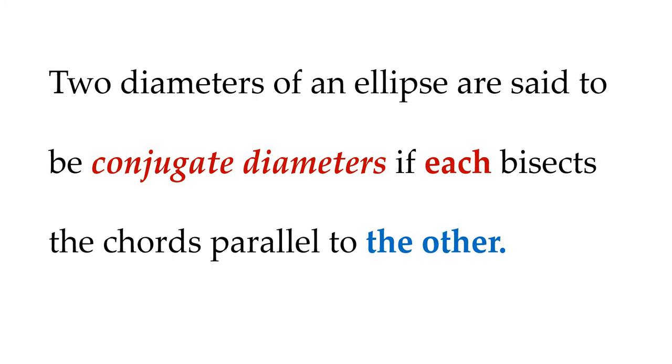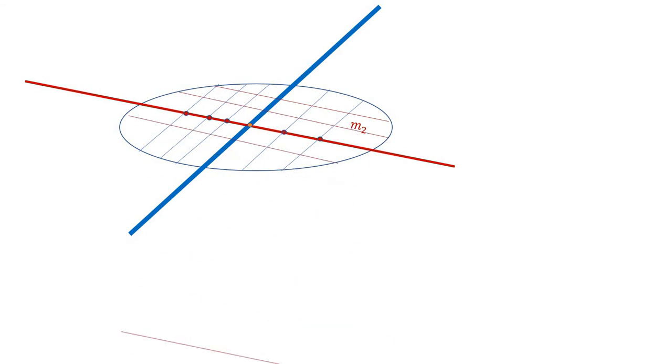Now two diameters of an ellipse are said to be conjugate diameters if each bisects the chords parallel to the other. For that we considered an ellipse, and then a system of parallel chords with m1 as their slope. By considering their midpoints we had one diameter, and with another system of parallel chords, by joining their midpoints we get another diameter.